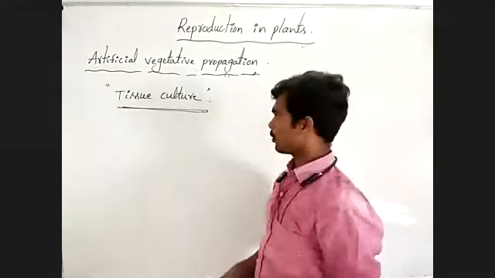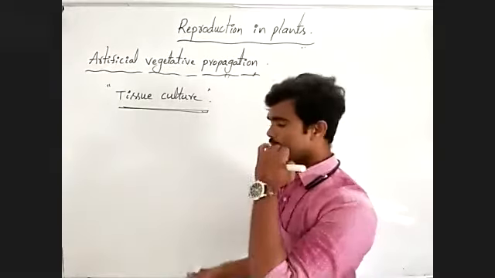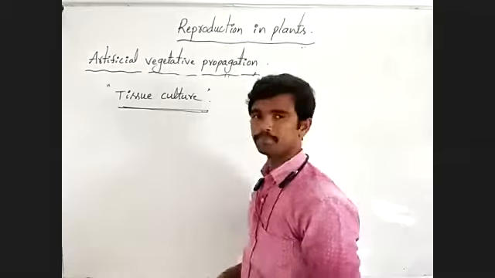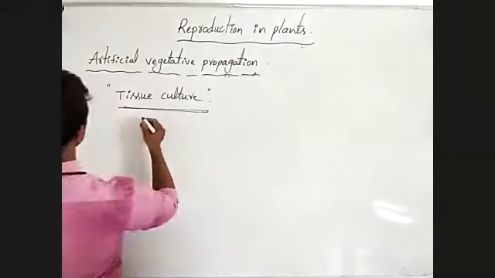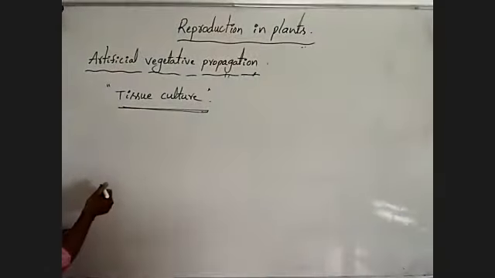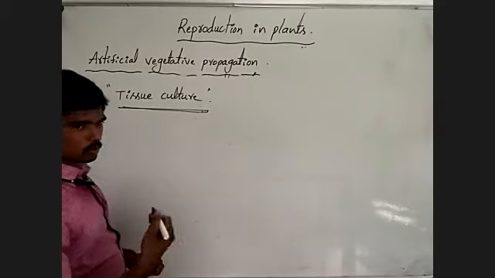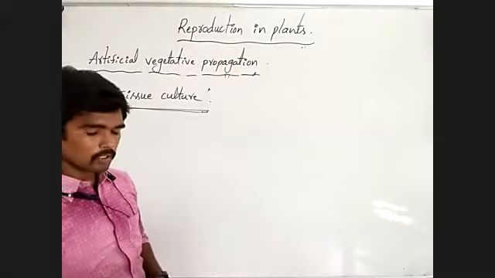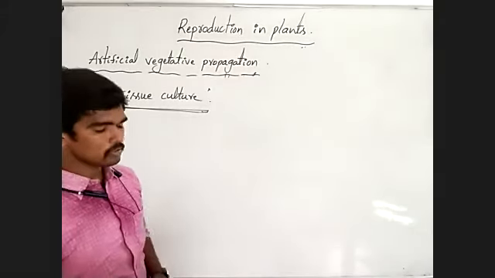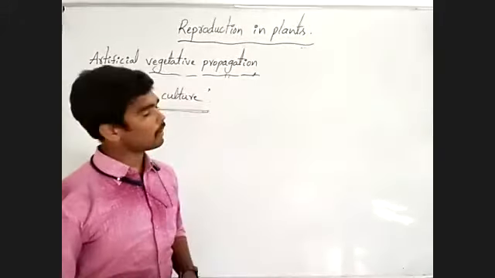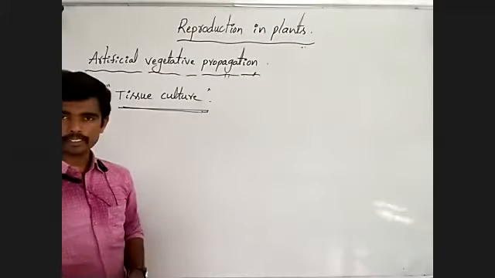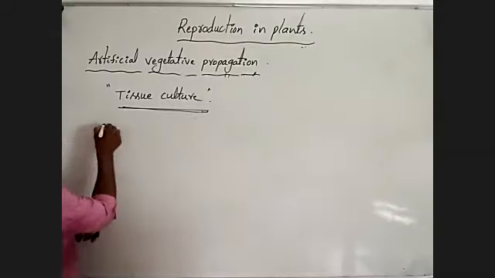Tissue culture is a modern, advanced technique to produce new plants vegetatively. From the vegetative parts of the plant, we can produce a number of plants by using tissue culture. It is also called micropropagation.